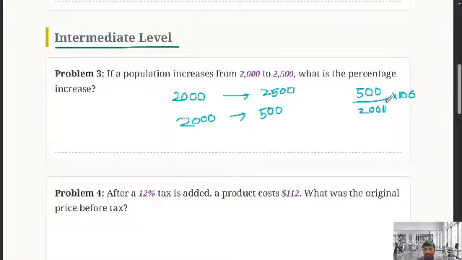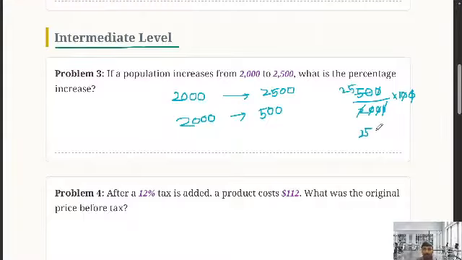So the zeros are eliminated, and 2 times 25 is 50. So 25 is the answer. The percentage increase is 25%.